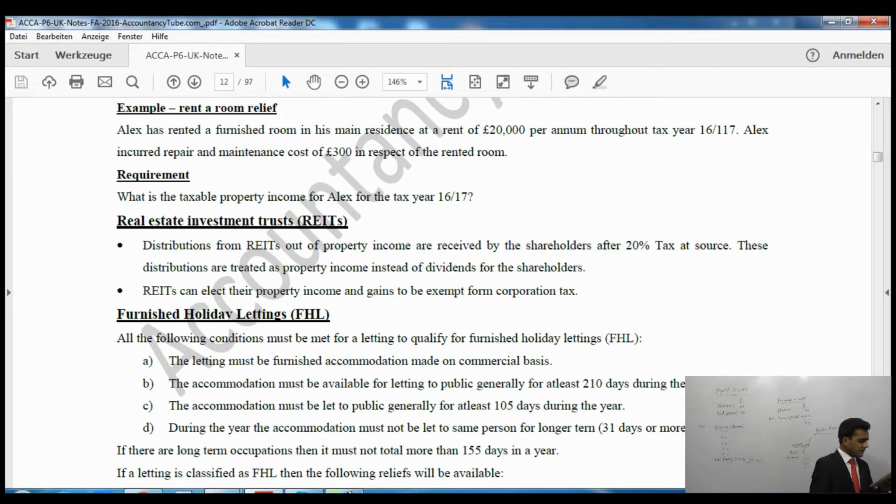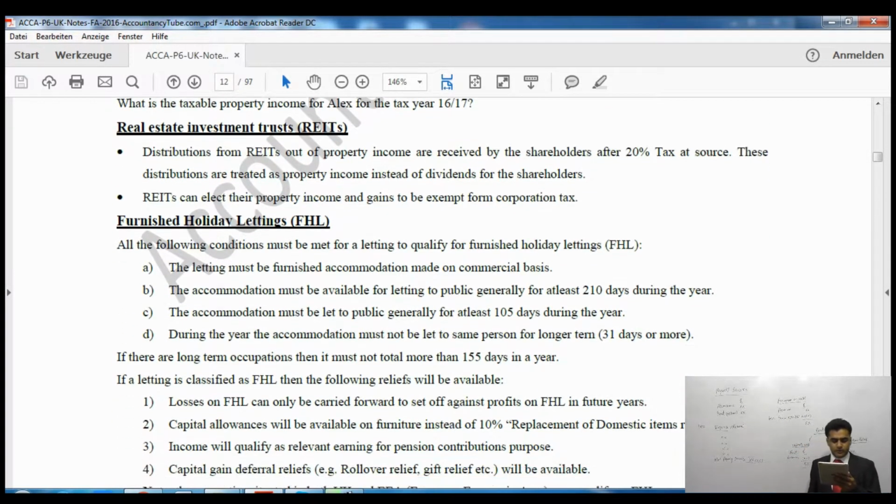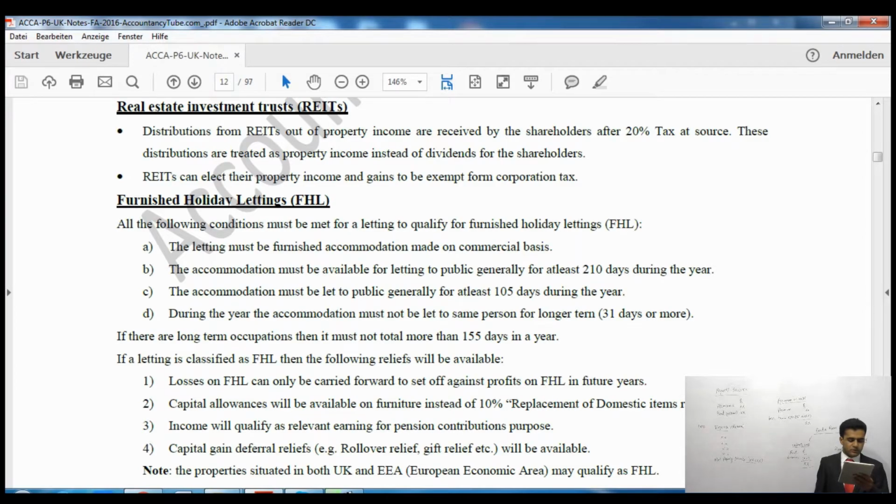Alright, the next one is real estate investment trusts. Distributions from real estate investment trusts out of property income are received by the shareholders after 20% tax at source. Real estate investment trusts are trusts of which you can buy the shares, and they can pay you dividends.